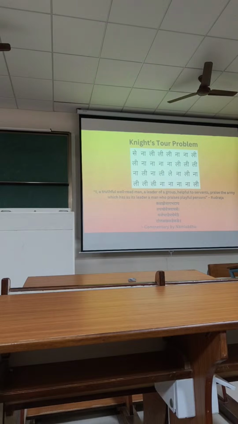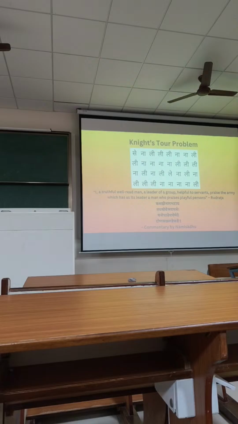Now the question is, is it possible for the knight to start at some point, then move throughout the chessboard, covering all the boxes without coming to the same box twice? That's the Knight's Tour problem, and it's a very famous problem.